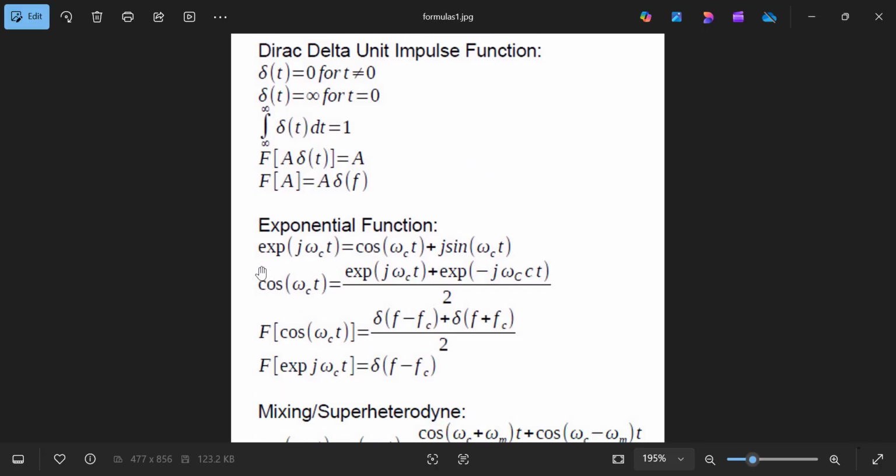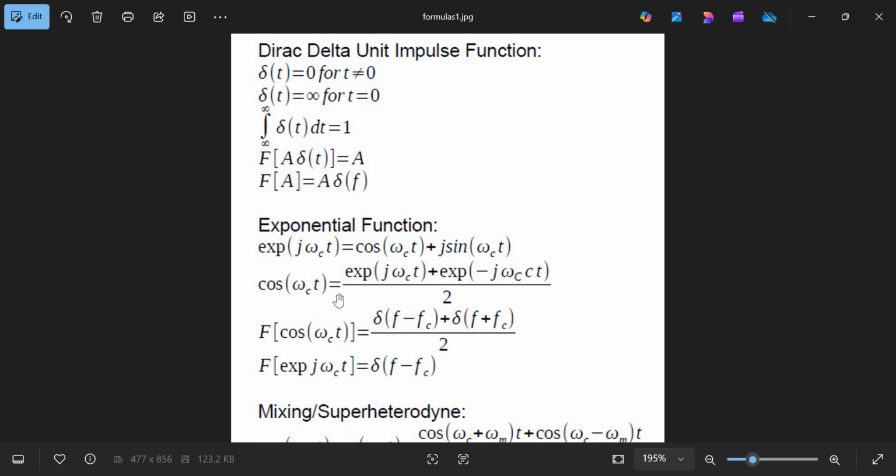If you look at the exponential function, exponential j omega ct, that's equal to cosine omega ct plus j sine omega ct. It's like there's the I component and there's the Q component. You can also express cosine omega ct as the sum of two exponentials. Cosine is an even function, and sine is an odd function.